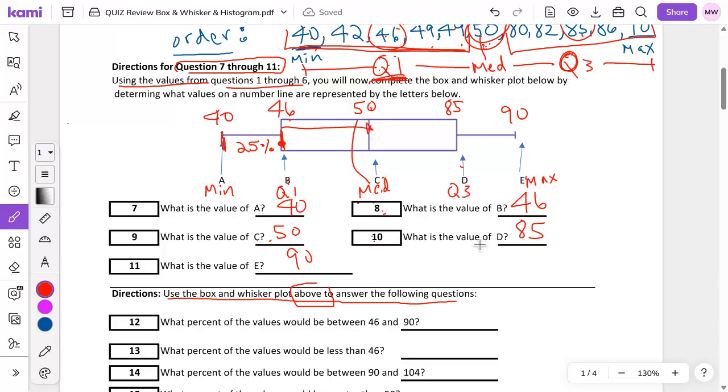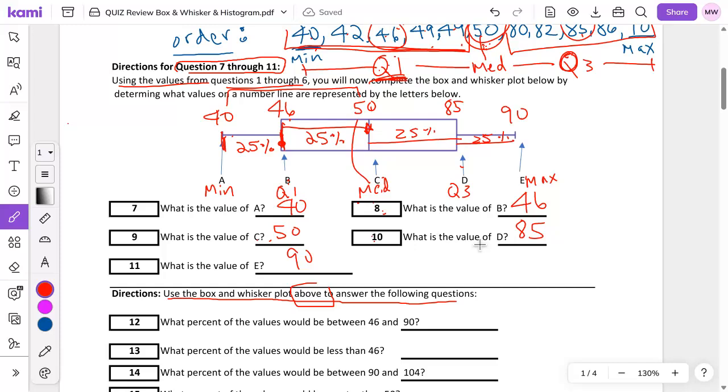From here to here, it's another 25%. So that means between 40 and 46 is 25%. Between 46 and 50 is 25%. And between 40 and 50 is going to be 25 plus 25 or 50%. And then from 50 to 85, another 25%. From 85 to 90, the last 25%. Remember, altogether they equal 100%.